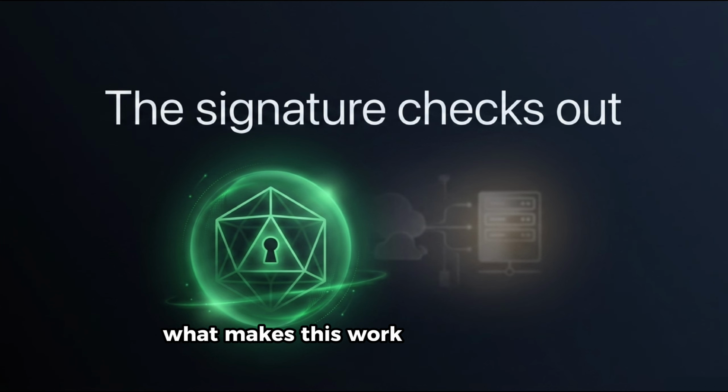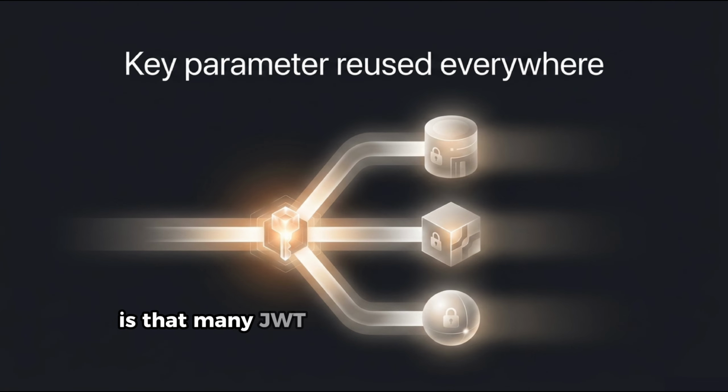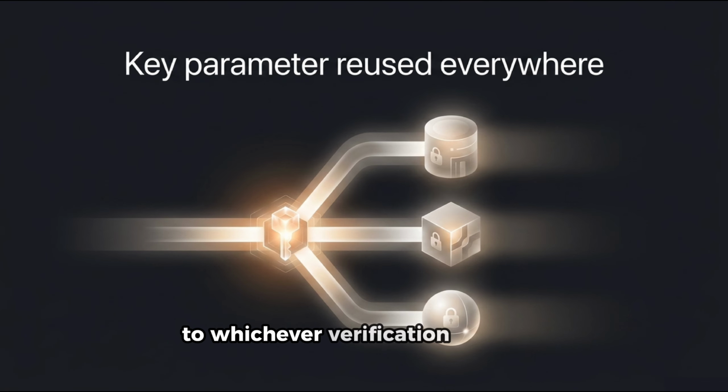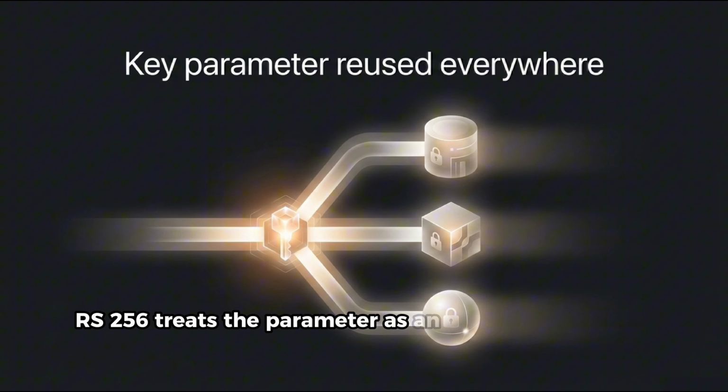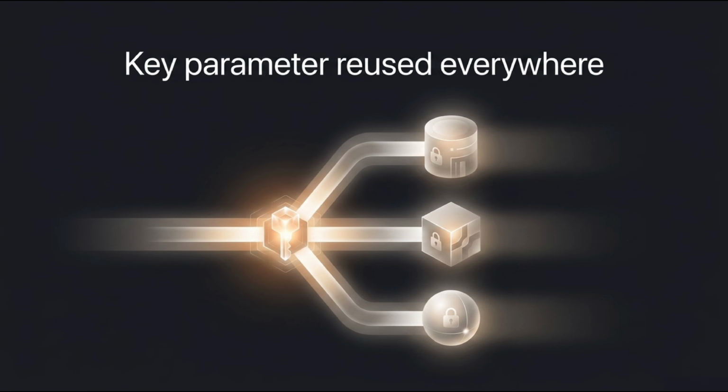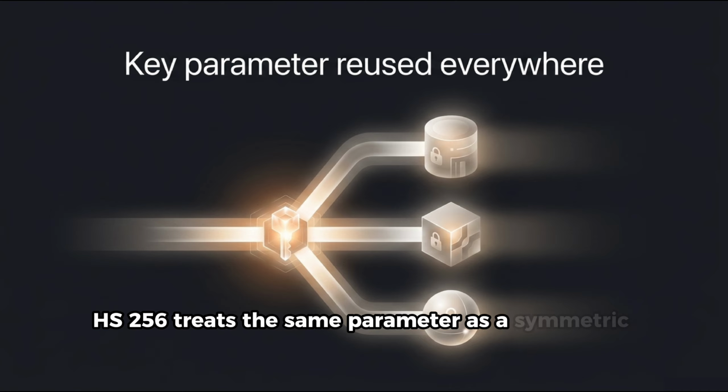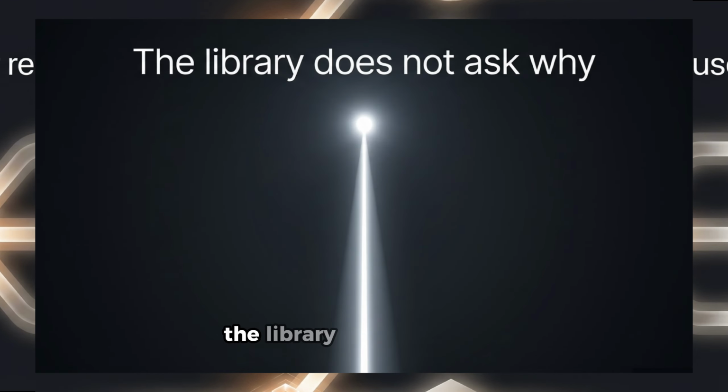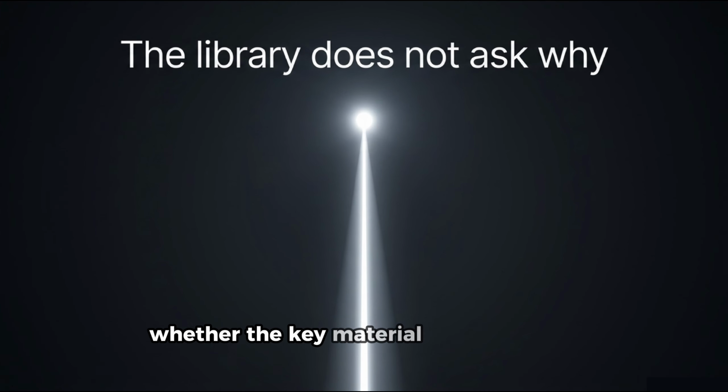What makes this work architecturally is that many JWT libraries pass the same key parameter to whichever verification function the algorithm field requests. RS256 treats the parameter as an asymmetric public key. HS256 treats the same parameter as a symmetric secret. The library does not check whether the key material is appropriate for the algorithm being requested.